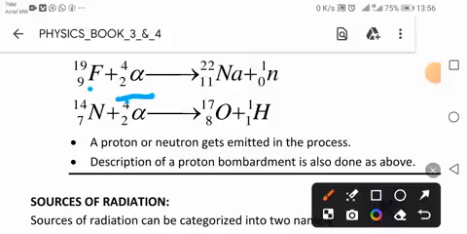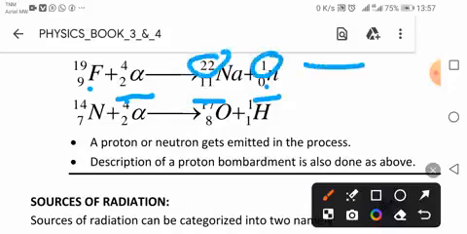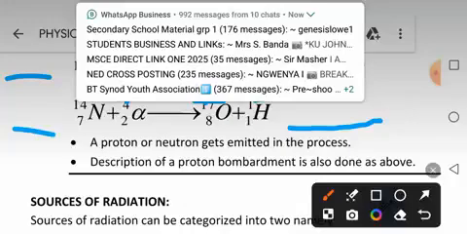Here we take 1 since neutral, 0. Here 19 plus 4, that's 23. So we have 22 plus 1, 26. So 23 also 23. 9 also 9. That's what we can say about it.